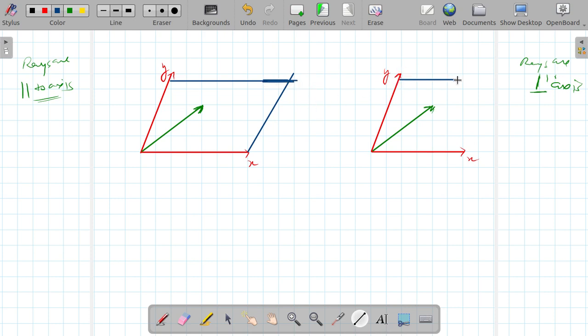Similarly, I will draw the extended source of light somewhere here. Sorry, it's perpendicular now, right? So let me consider the extended source will be here. It's perpendicular to the x-axis. So I will draw the extended source here, and here the extended source will be this one.